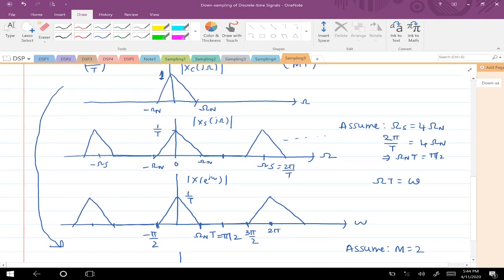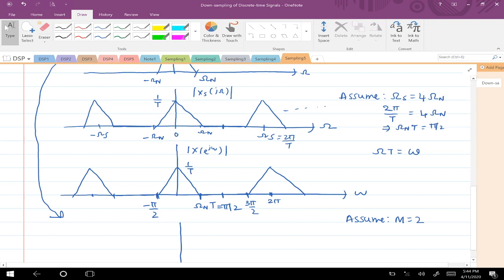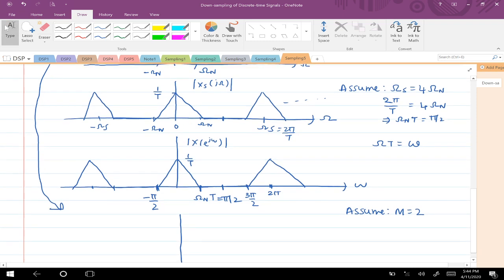It's M equal to 2. Now let the corresponding sampling rate be omega_s dash, 2 pi by, what is it that I want to draw here? Magnitude of Xd of e to the j omega.